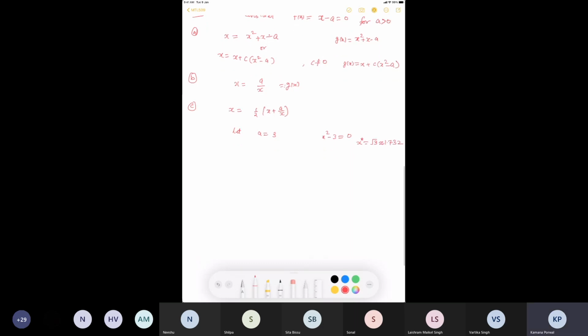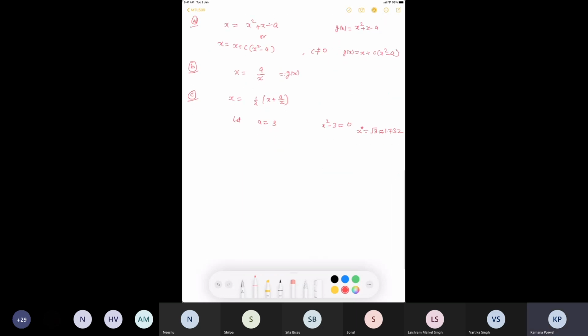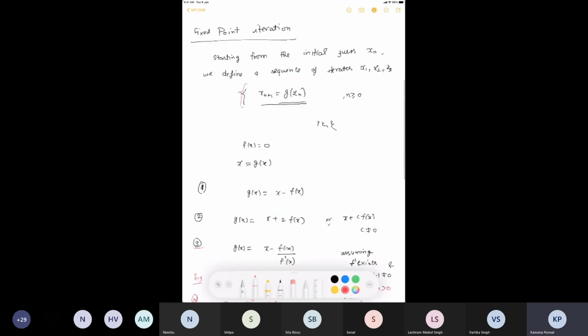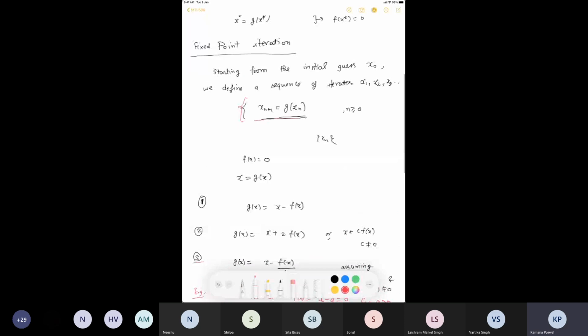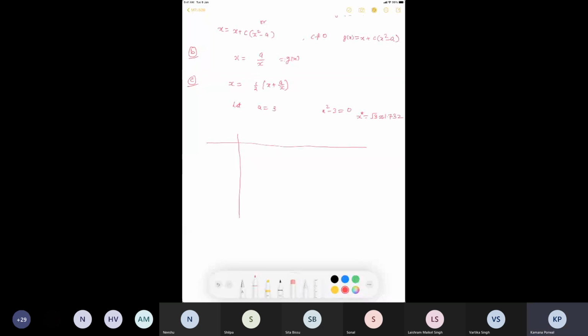Now suppose I have these various choices of the g from these cases A, B, and C. So use these choices of g and try to use the fixed point iteration method to generate the iterative sequence. So I start with x0, and I will generate the xn's using different cases.